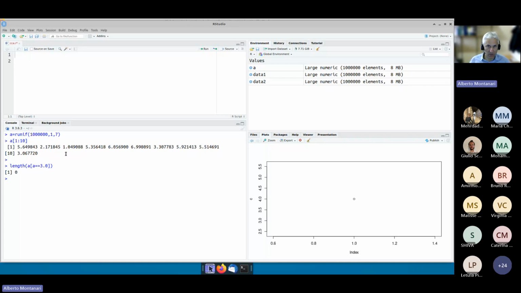What is the length? It's 0. Of course it's 0, because when I generate real numbers, they have an infinite number of digits, so I will never get a variable that is equal to 3.0.